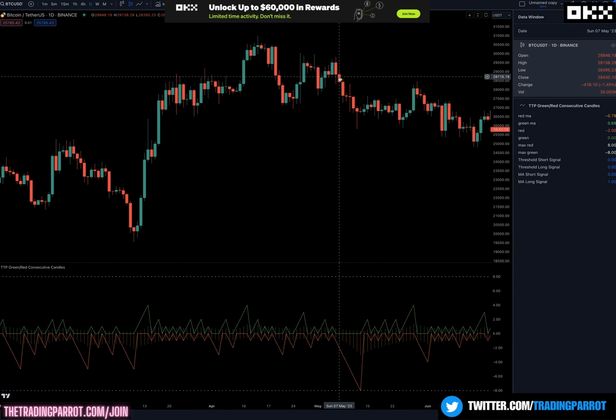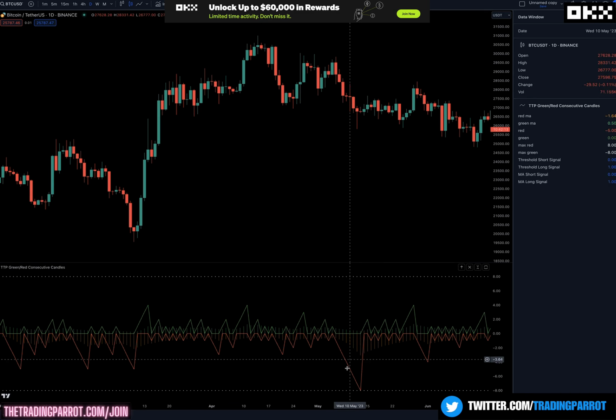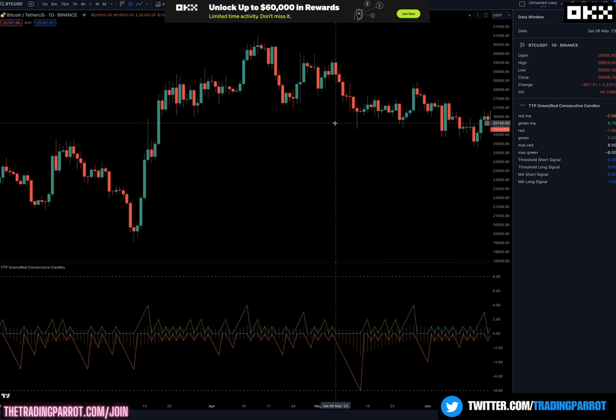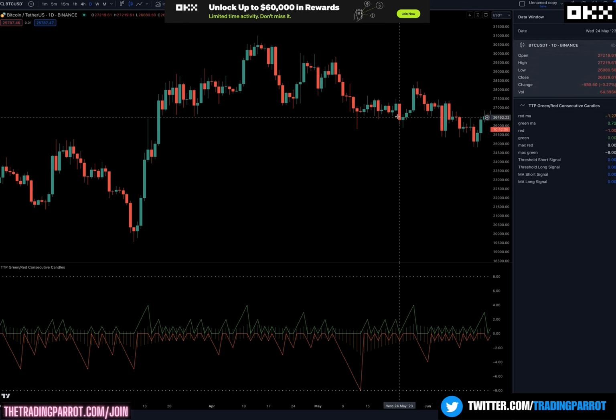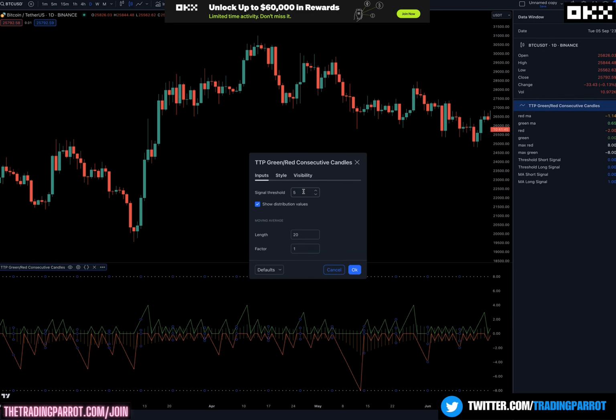Here we have 1, 2, 3, 4, 5, 6, 7, 8 red candles, which are shown in the counter line around here. And you're going to notice that here in the data window, once we reach 5, the threshold long signal in blue switches from 0 to 1, which means that in this candle there, we can use this as an entry when we have 5.